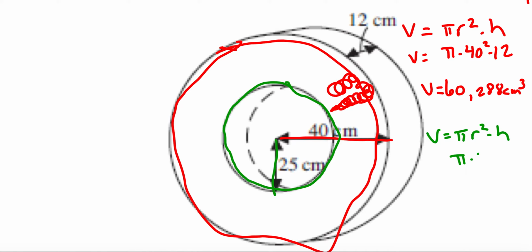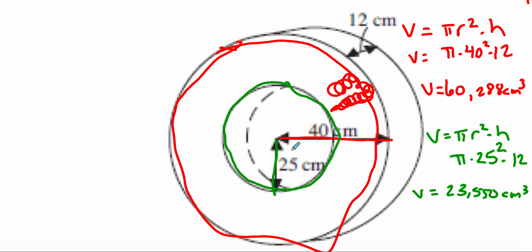The radius is going to be 25 squared times the height is still 12 because this hole goes that whole length of 12 still. I'm going to have 25 times 25 times that height, which is still 12, times pi, and I get 23,550 centimeters cubed.